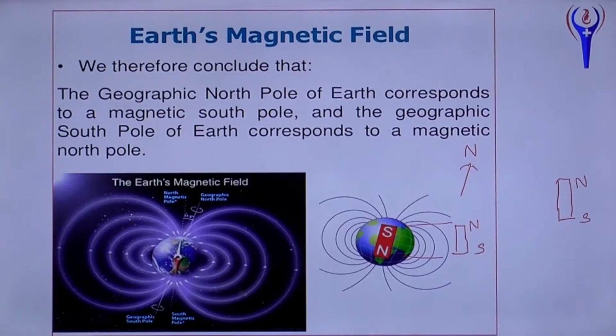So, earth itself behaves as a huge magnet in which the south pole of that earth magnet is pointing towards the geographical north, and the north pole of earth magnet is pointing towards the geographical south. Clear? That is why north pole attracts south and south pole attracts north. That's why it can easily point towards the north, north pole pointing towards north, south pole pointing towards south. This is the reason for Earth's magnetic field.